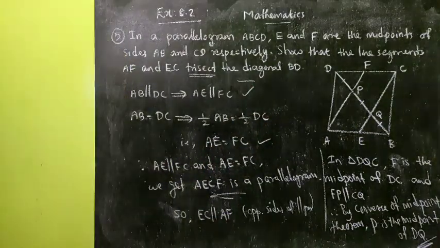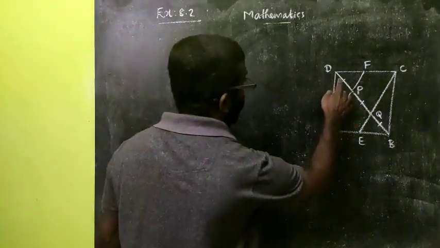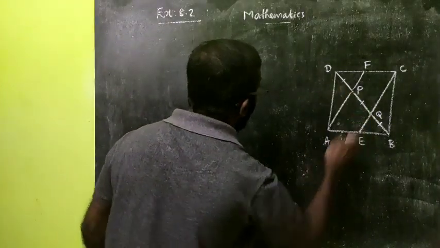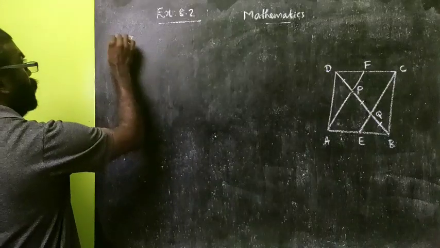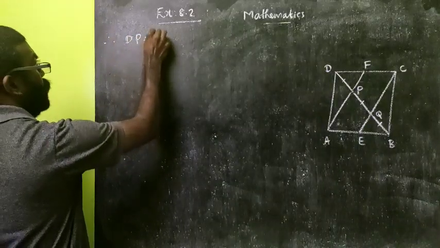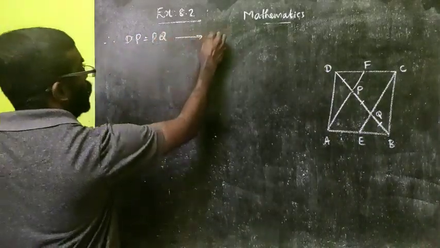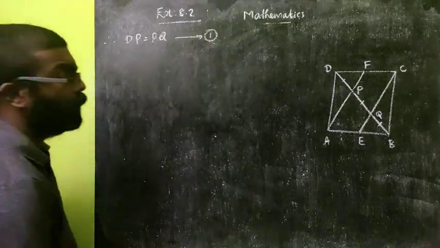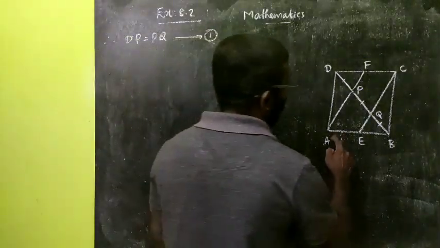Okay. So since P is the midpoint of DQ, we can write DP equal to PQ. We can take it as equation number 1. Now we can consider triangle ABP.